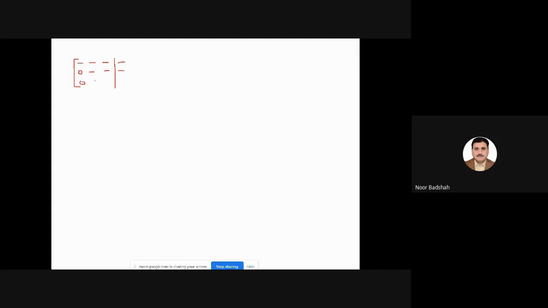This is 0, this is 0, we have something here, something here. If you consider a 3 cross 3 system, keeping in mind, right? Now, if this quantity is non-zero, I put cross here. Wherever I put cross, I would mean non-zero. I put 0, that means 0. If I put dash, it means it could be anything. It may or may not be 0. It may be 0, it may be non-zero.